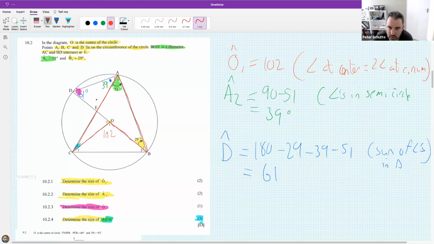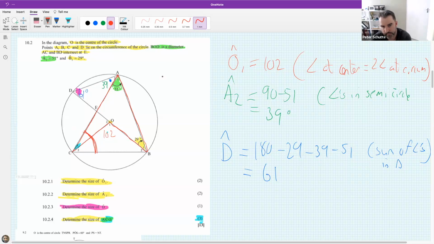Maybe there's a shorter way. I don't think this angle's in the same segment. The butterfly has to go the whole way. What I do think you could say is that this whole thing is 61, right? So if that whole thing is 61, I've got no problem. But what you need is not the whole thing. You just need the little bit.